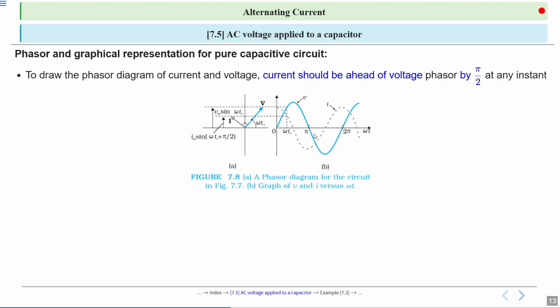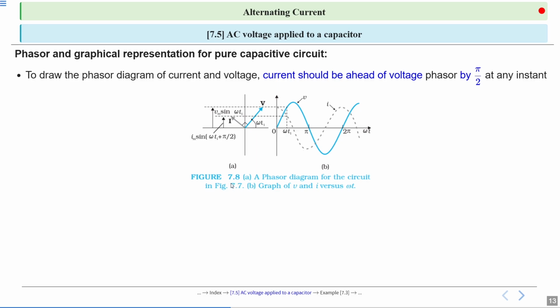So current is leading, or we can say voltage is lagging behind. The same voltage value comes after a pi by 2 cycle, or one quarter cycle, which means voltage is lagging behind the current. Got it? This graphical representation is difficult to understand, but you have to look at the slope or the same situation.